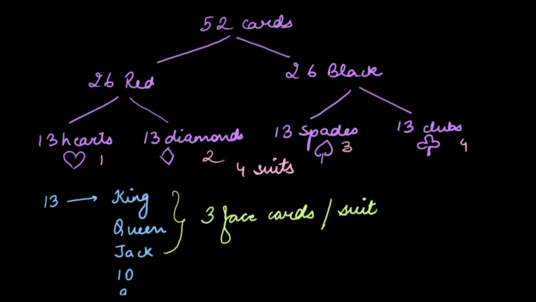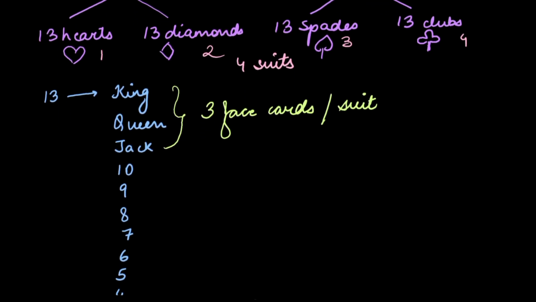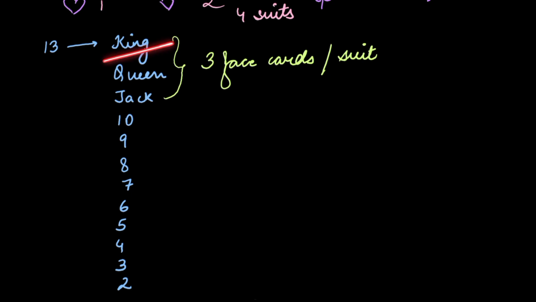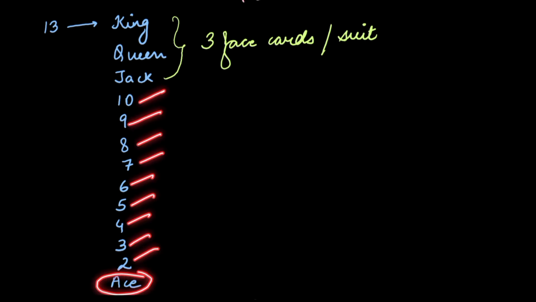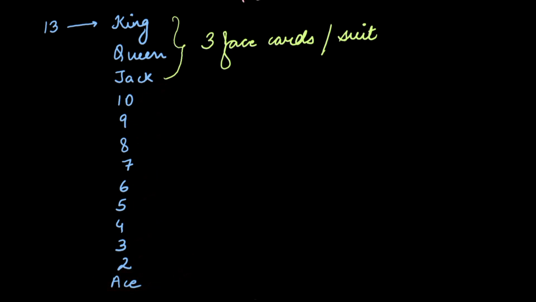Now, these 13 cards in all the suits have something similar. Every suit has king, queen and jack, that is K, Q and J. Next, 10, 9, 8, 7, 6, 5, 4, 3, 2 and ace, A. So in these 13 cards, there are 3 cards that have faces drawn in them, so we call them face cards.